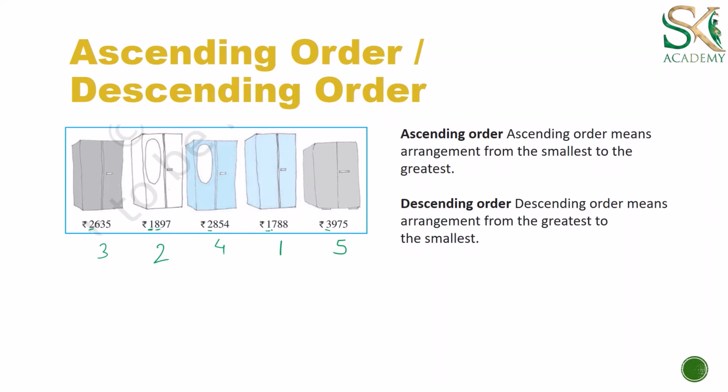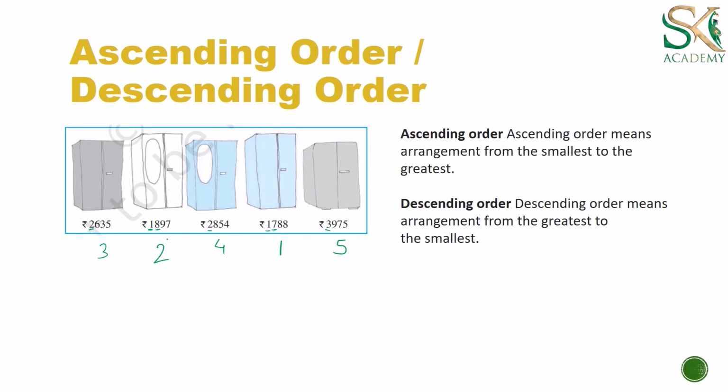Here 8 and here it is 7. So 8 is always greater than 7. So I have come to a conclusion that 1788 is my lowest number. Because we are comparing these two, the next highest will be this one.